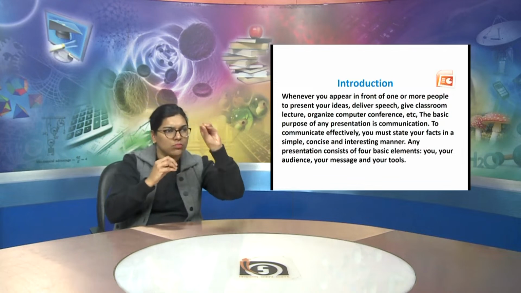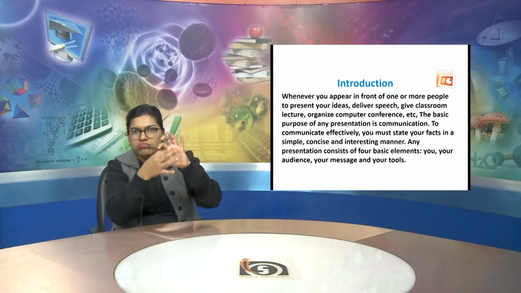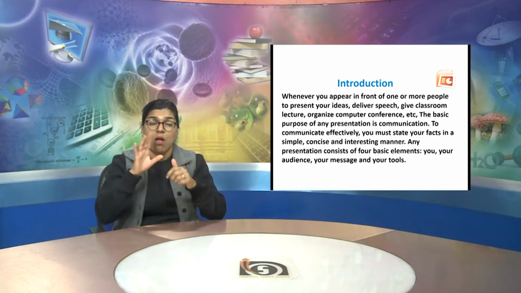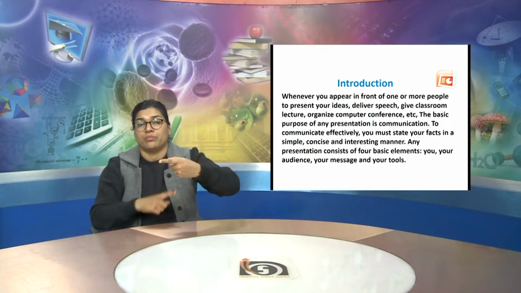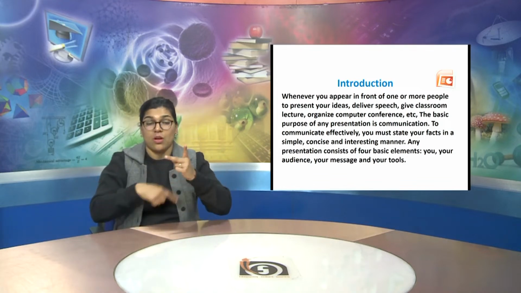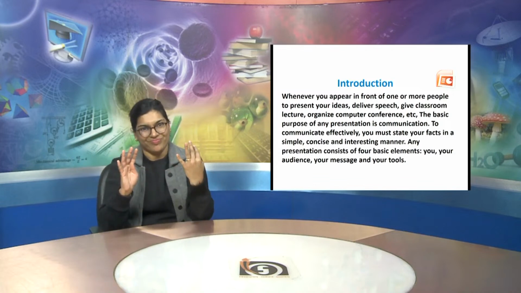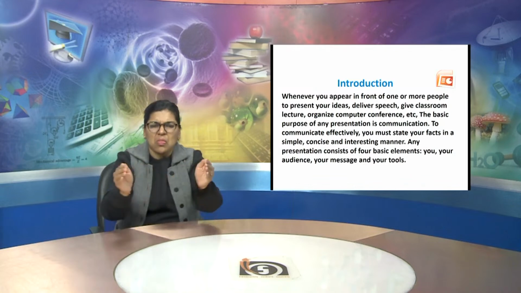And in this, we need the basic things which are very much required. And these are the 4 basic things. The first thing is we, or the person who is presenting to the audience. If there is no audience, then to whom we are presenting?